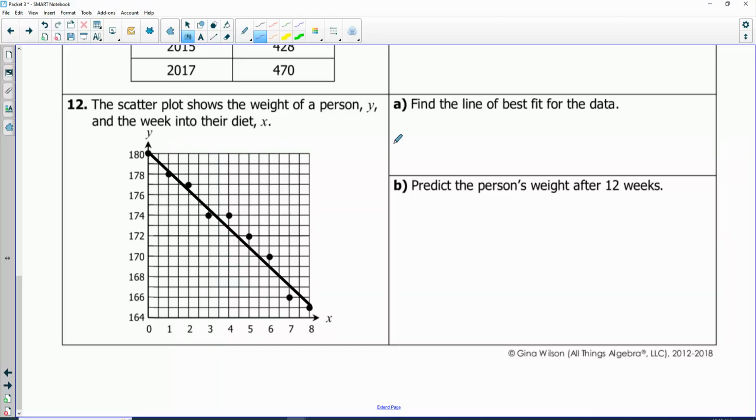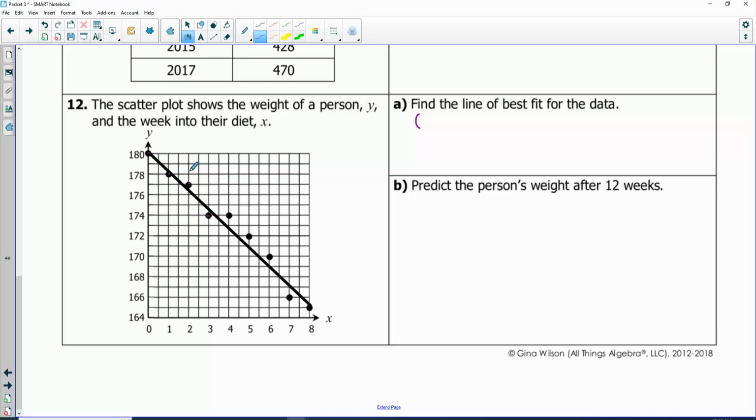If you want the best one, you just have to get all of these points and type them in L1 and L2, and your calculator can write it for you. If you don't want to do that, then you have to see if you can draw a halfway decent line that goes through the middle of the data, about the same number of points above and below. It's probably not going to be perfect. And then we can write the equation from it.